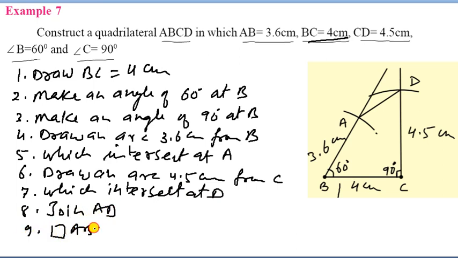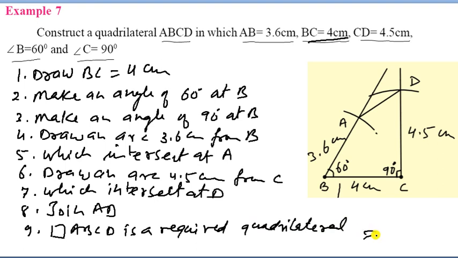So quadrilateral ABCD is the required quadrilateral. So that is the steps of construction.